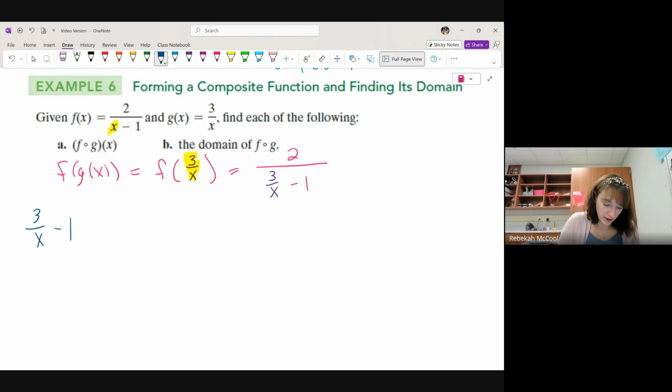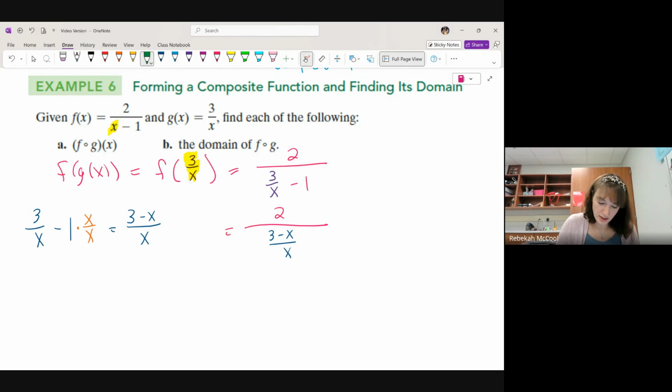My constant, negative 1, needs that common denominator, so I'm going to multiply it by x over x. So this is going to become 3, and negative 1 times x is going to be a negative x over x. That's my denominator, right? So this is still 2 over, but my denominator now becomes 3 minus x over x.